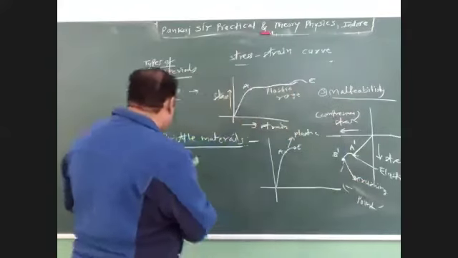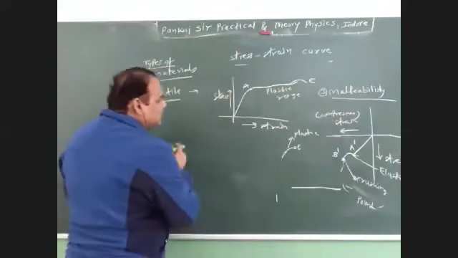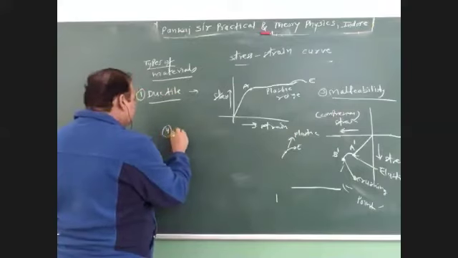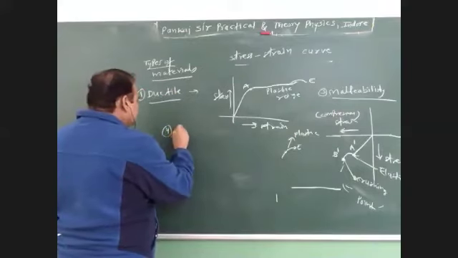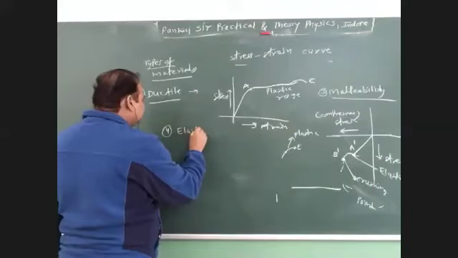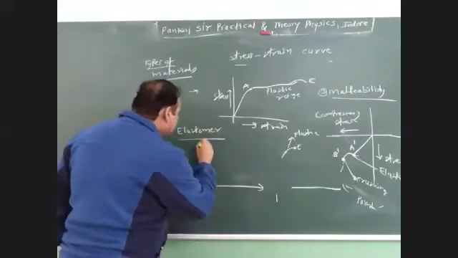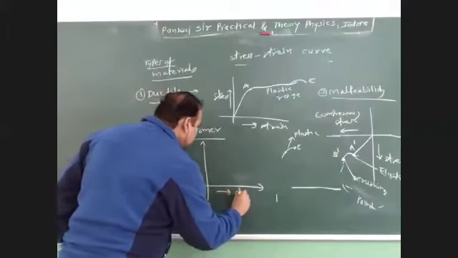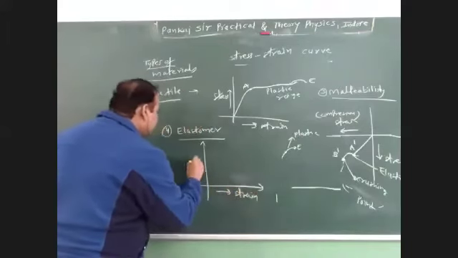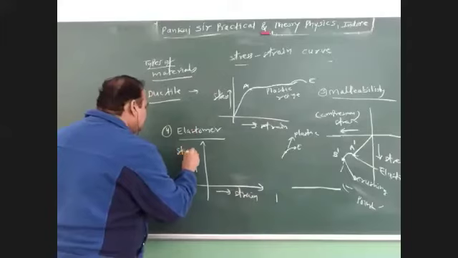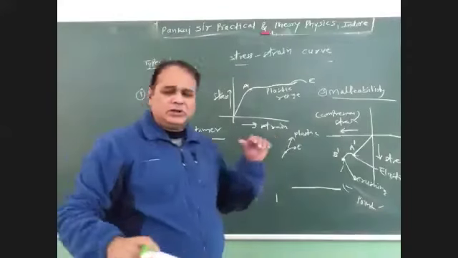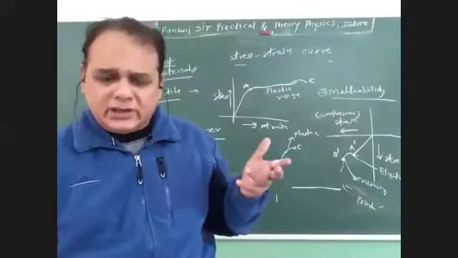One last one is left, number 4. This is known as elastomer. In an elastomer, if stress is applied, their length increases, or the extension is much more, just like rubber.